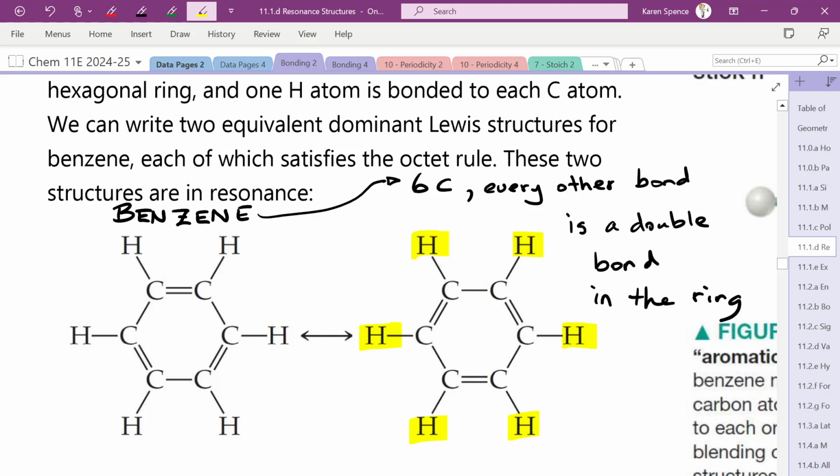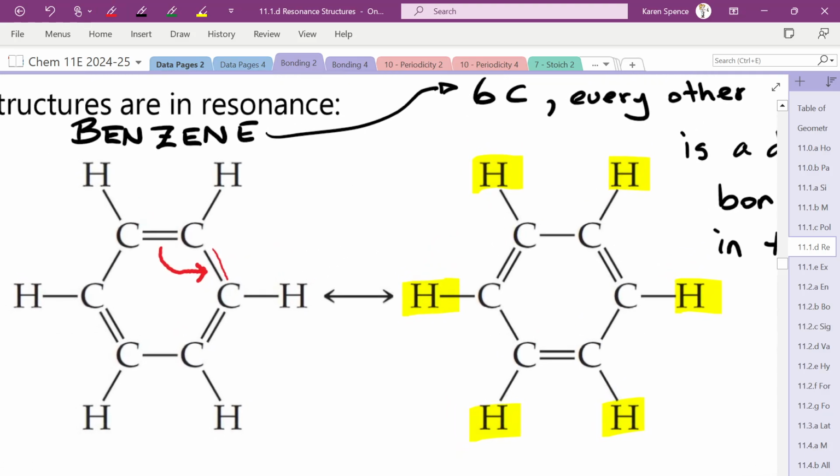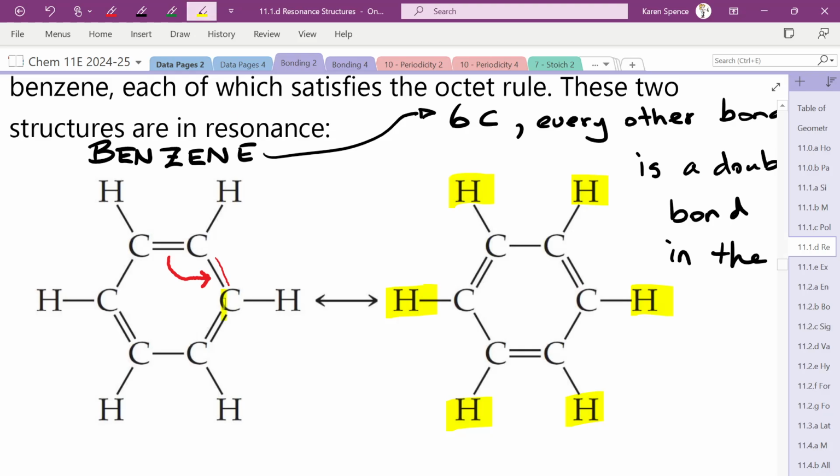Now, the reason you can have resonance is if this double bond moves here, let's say I drew that there. How many bonds would that give the right-hand carbon?